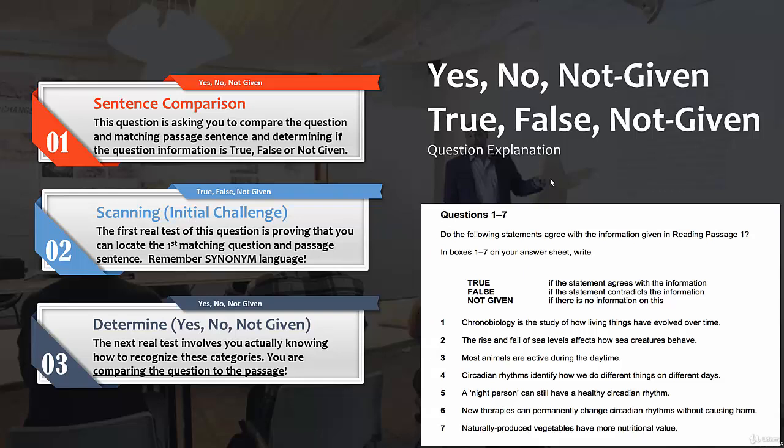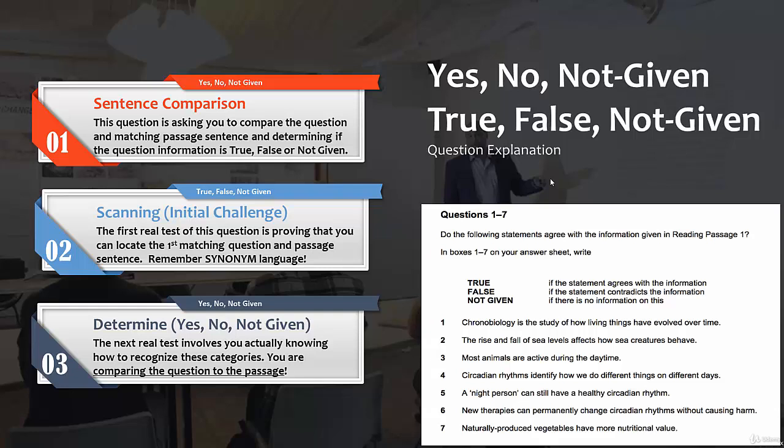You have to be able to find the keywords in the question and then scan the passage and locate those keywords. Now, it's very helpful knowing that this question goes in order. So, one job that you have is to be able to recognize the easiest question to find first.